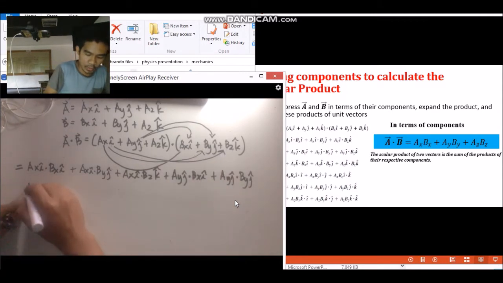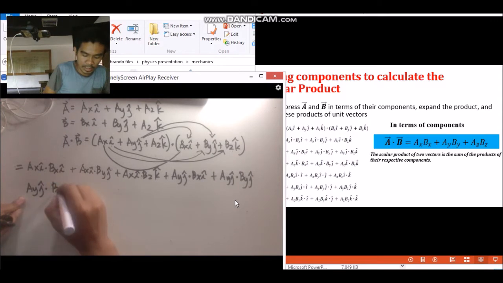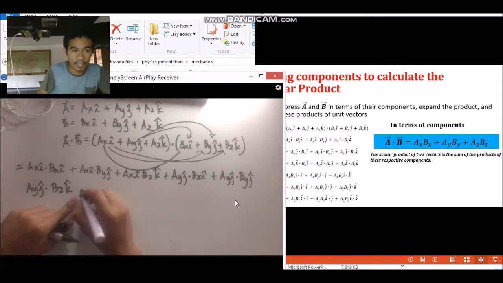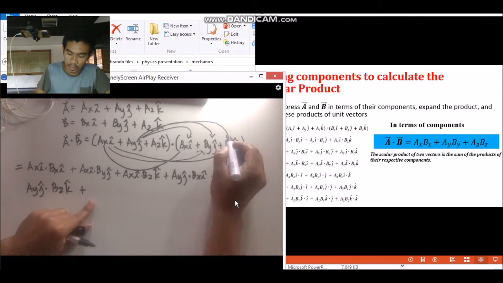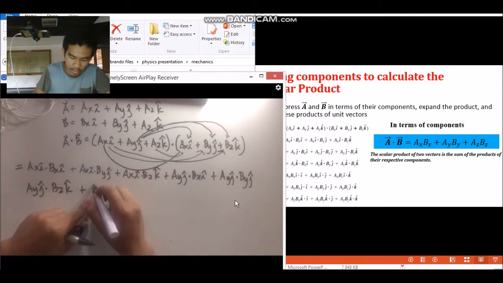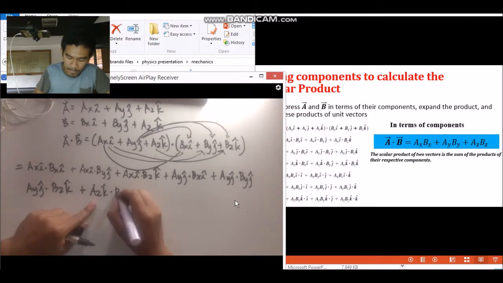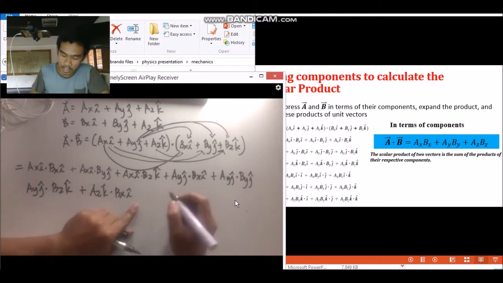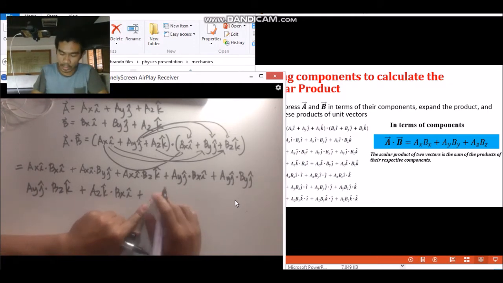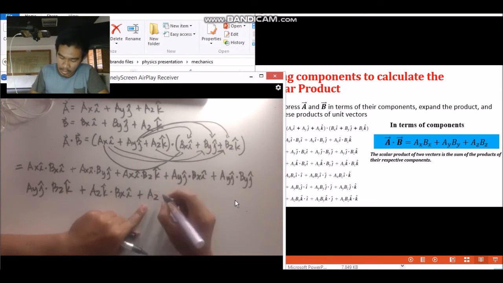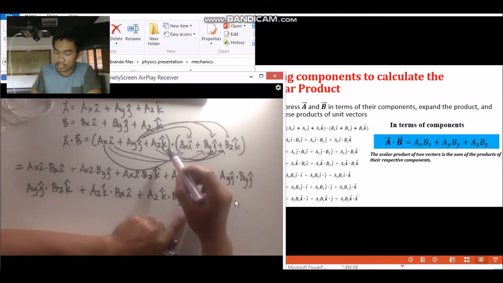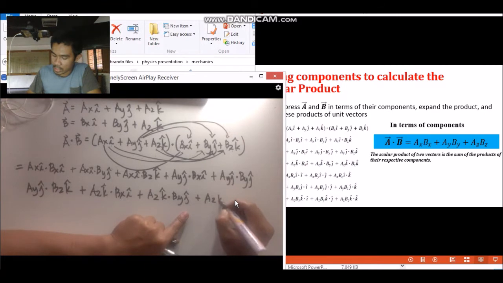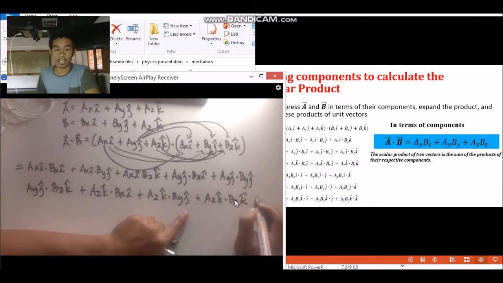So next is az with bx, so that's az k hat dot bx i hat, plus az k hat dot by j hat, then plus az k hat dot bz k hat.